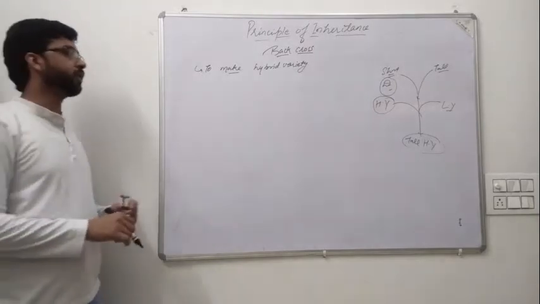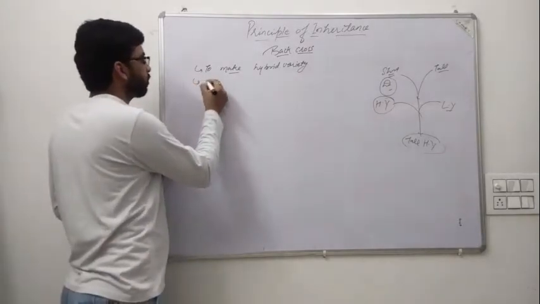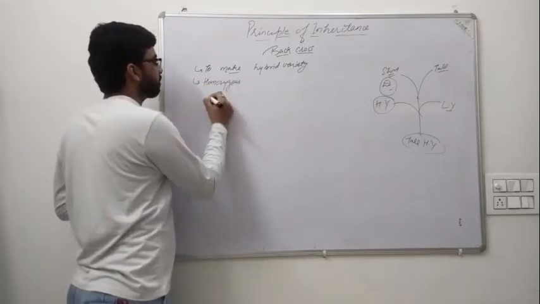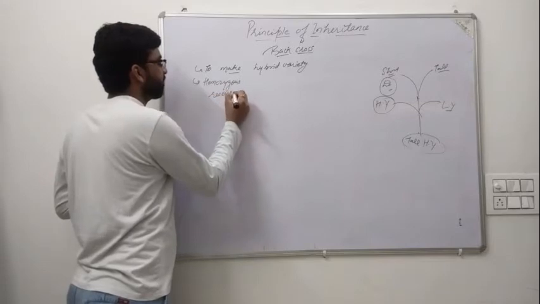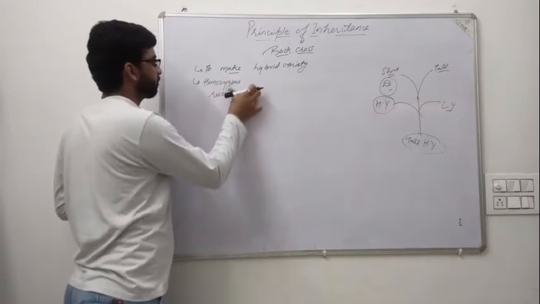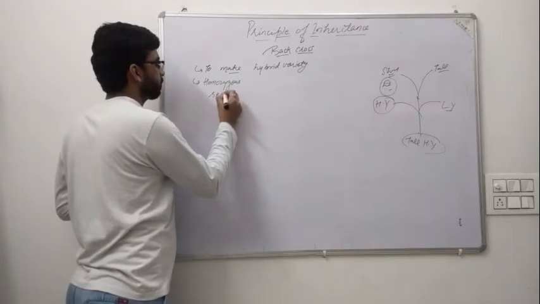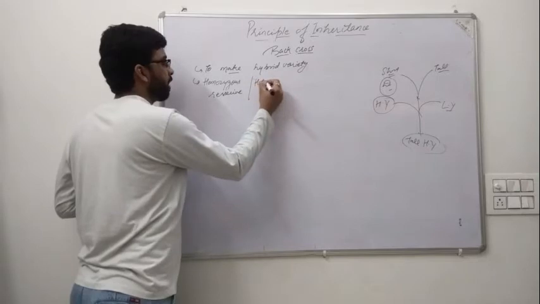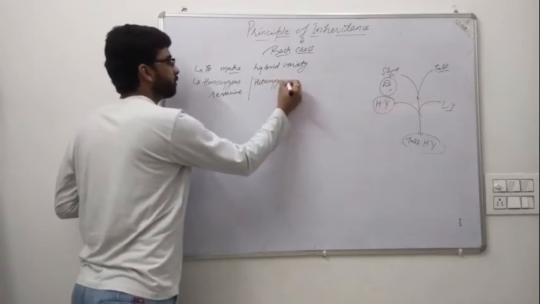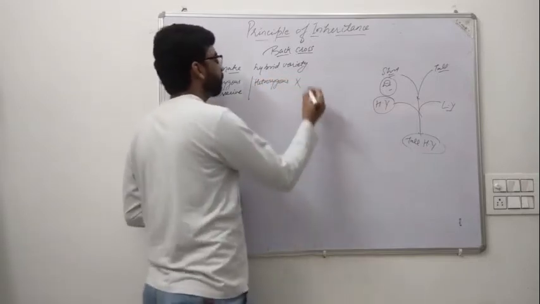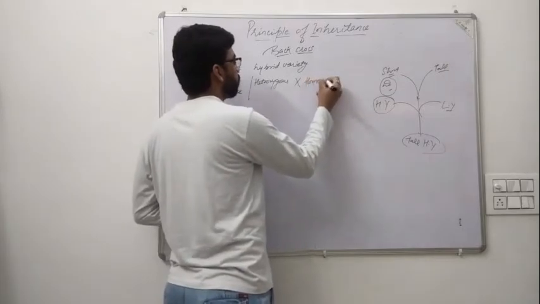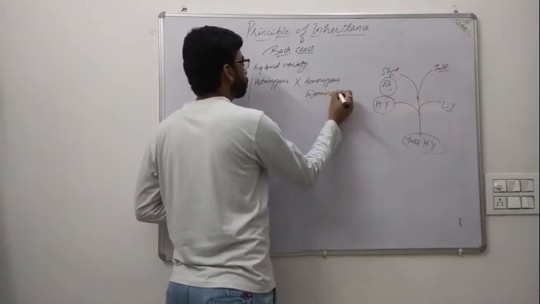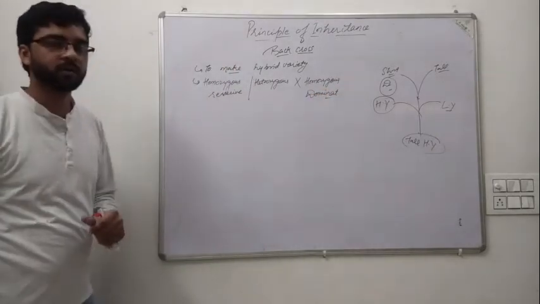First of all, what we have to do here is cross a homozygous recessive or heterozygous parent with a homozygous dominant parent.